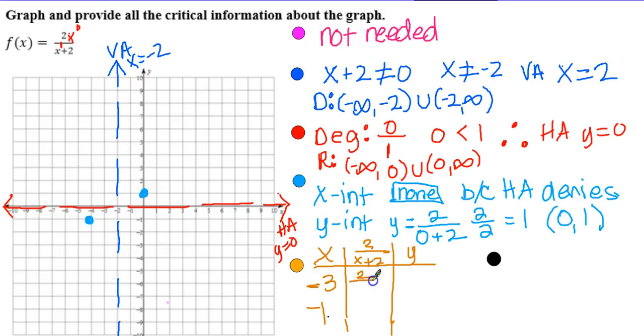So we're going to 2 over -3 plus 2, which gives us 2 over -1. Do you agree? Yes? Which is -2. So we're going to graph this point, -3, -2.